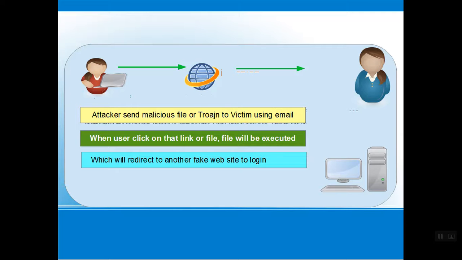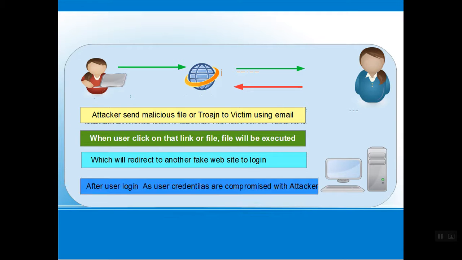When the user enters the correct ID and password on that fake website, the credentials are shared with the attacker and compromised. This is the scenario of how a Trojan works.